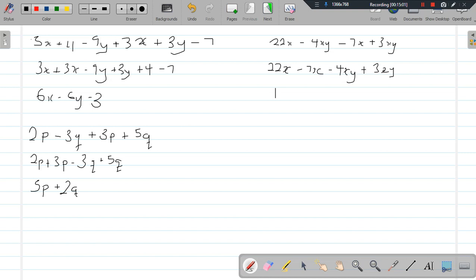So if you don't know, you can just use your calculator. 15x. Now, who can tell us the answer here? I'm just going to write the answer because I've already explained these things. So I'm going to have negative 1xy.